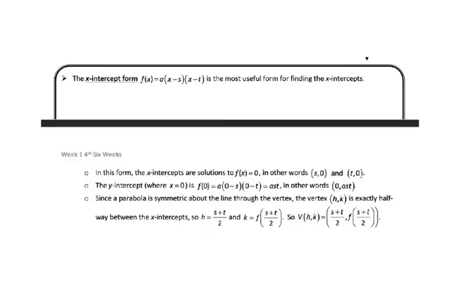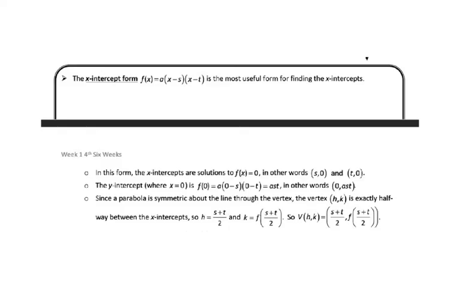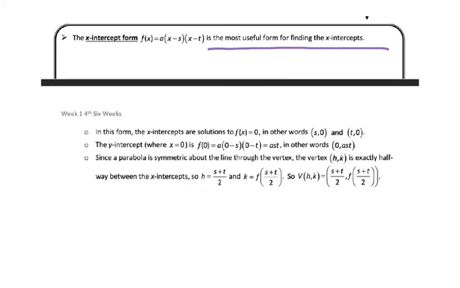Okay, so the x-intercept form is actually what I did right here. I know I've got a lot of math going on here. But this format basically gets you where it crosses the x-axis, and hence it's the most useful for finding the x-coordinates.